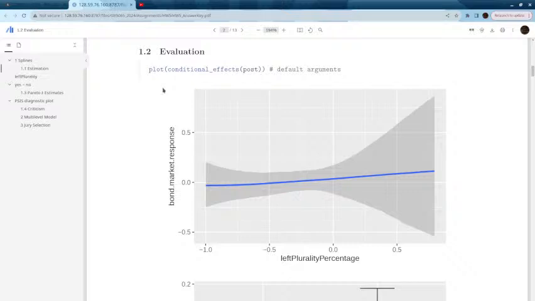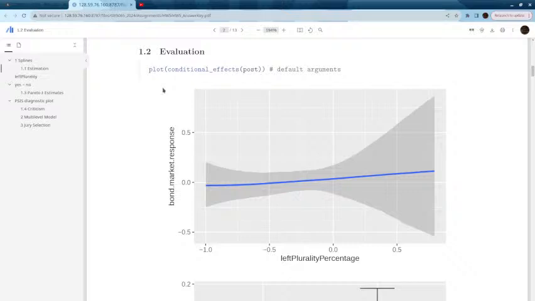The second plot is closer to useful. This shows the difference in the expected outcome, or the level of the expected outcome, for if the left has the most seats or not. But this second plot is based on the average value of left plurality percentage by default.